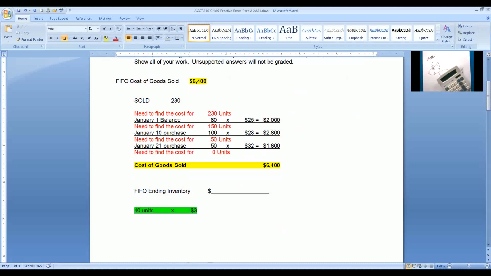Oh, I lost my 2. $12.80. I'll fix it up here in a second.